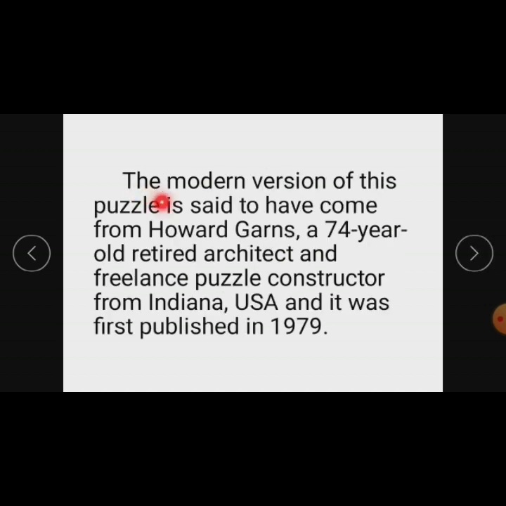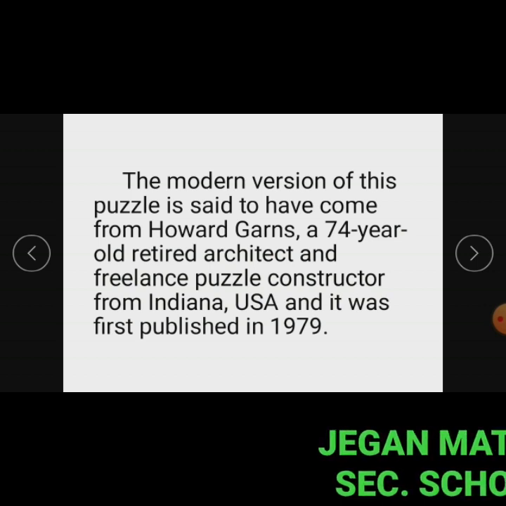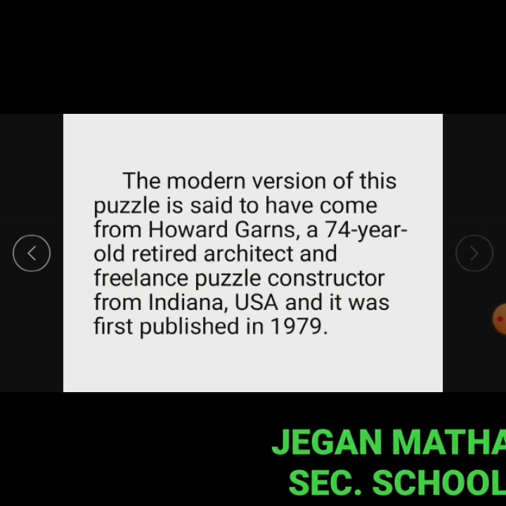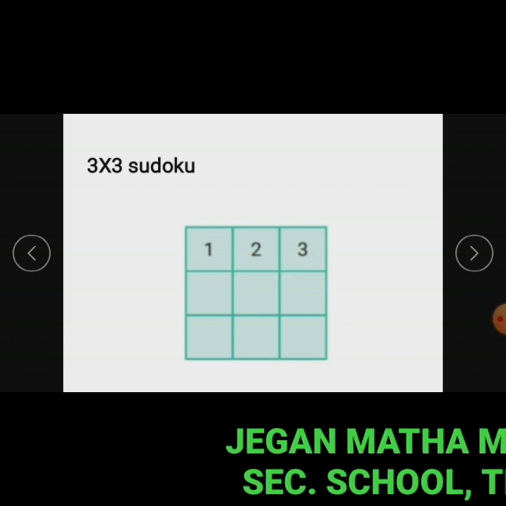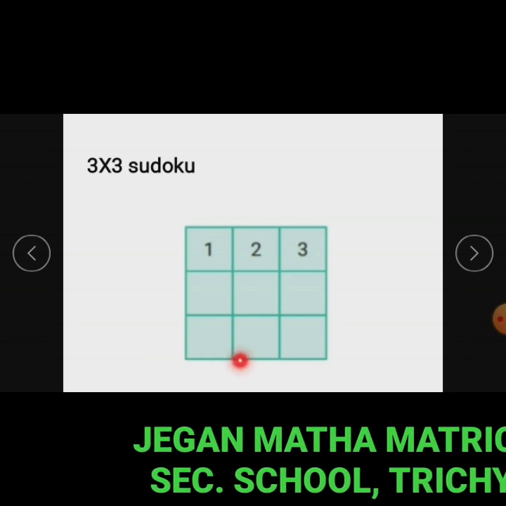The modern version of this puzzle is said to have come from Howard Garns, a 74-year-old retired architect and freelance puzzle constructor from Indiana, USA, and it was first published in 1979. 3 by 3 Sudoku are shown here.